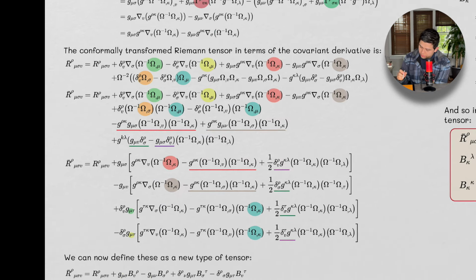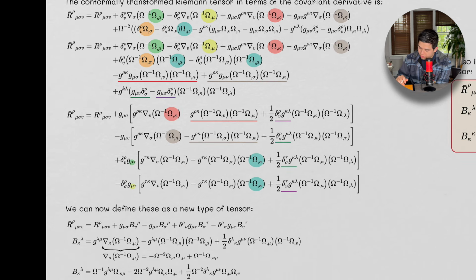To color code, we have green, yellow, red, brown, and I'll maybe speed this up a little bit. You can pause the video if you want to really absorb things, but we're going to get from here to here relatively quickly, and then I've underlined the terms that we can follow.